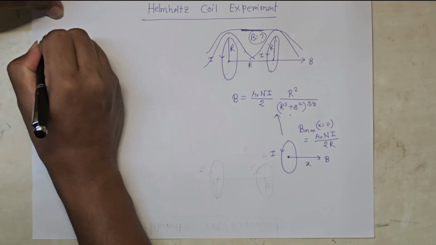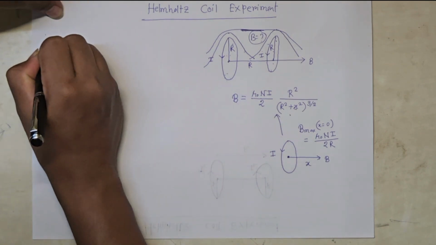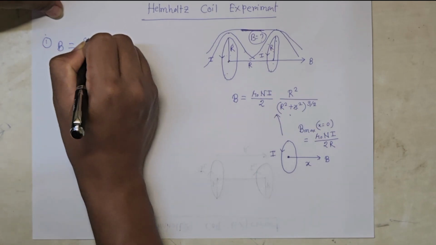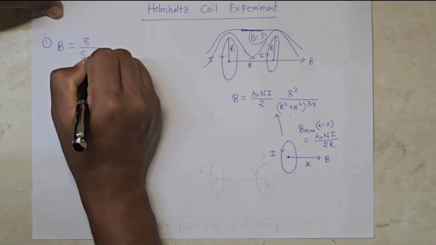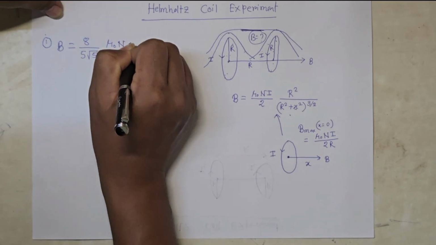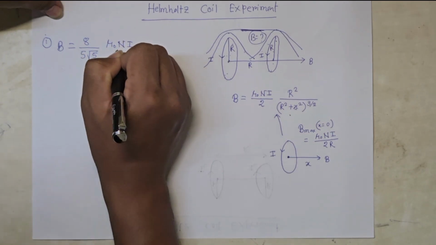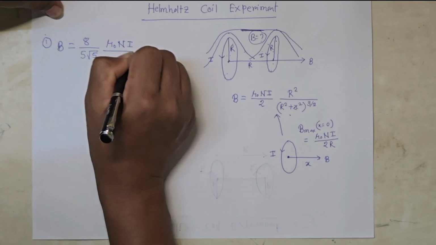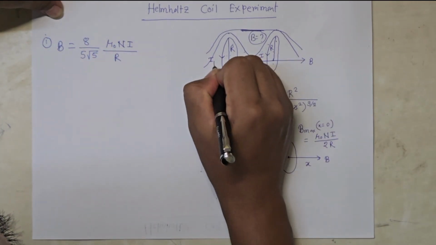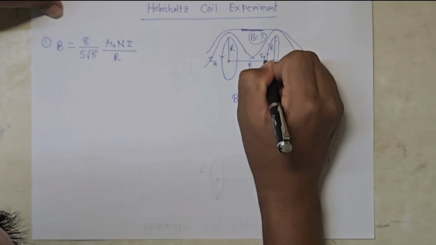The first working formula is B equals 8 by 5 root 5, mu naught N i by R. Write it as I_H, the Helmholtz current.